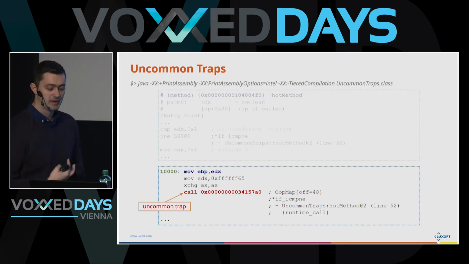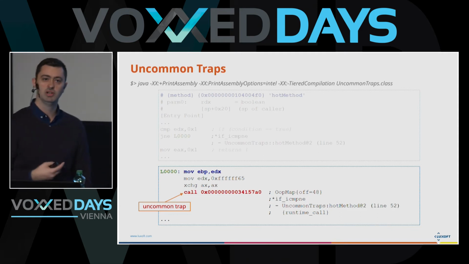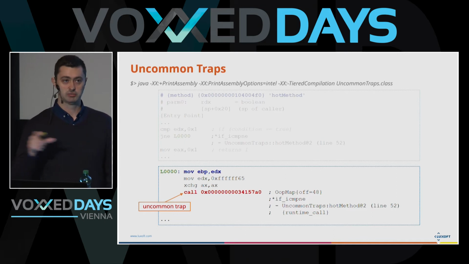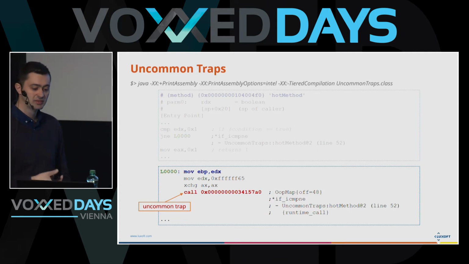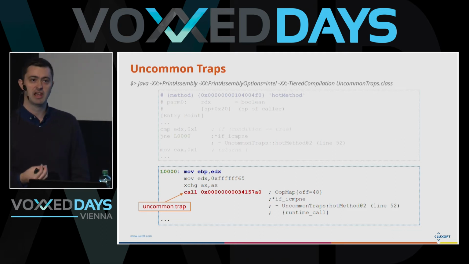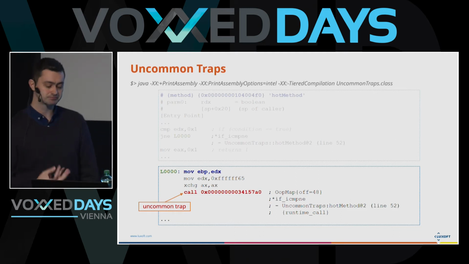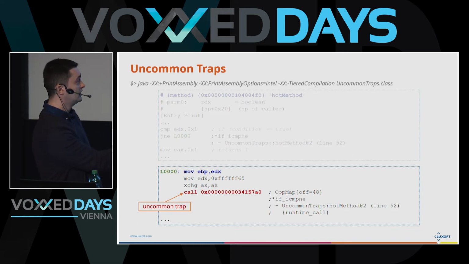What's an uncommon trap and how does it work? Because I called my method during the runtime only with true, the hot method was called only with true for 20k times, the just-in-time compiler assumed that it is unlikely to be called with false, and added an uncommon trap. And an uncommon trap is mainly a call to this address.